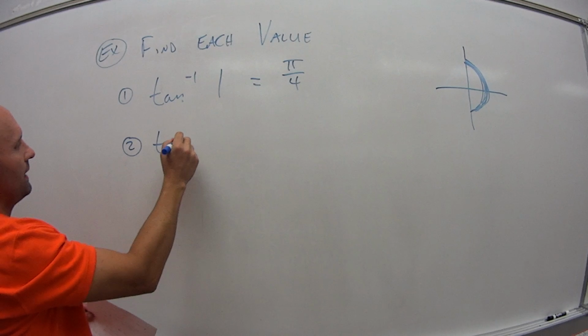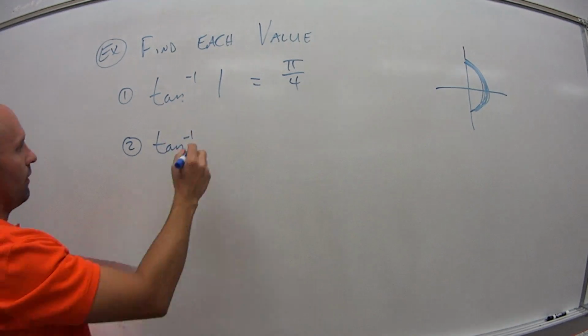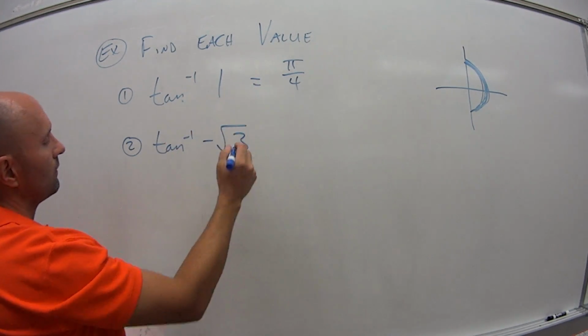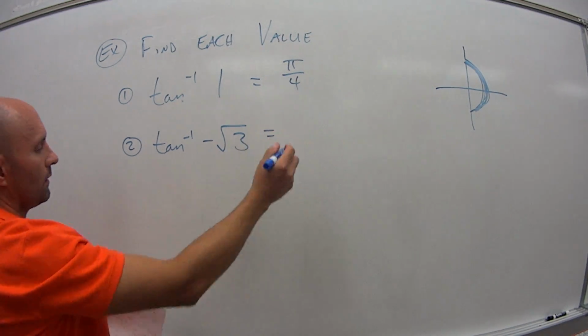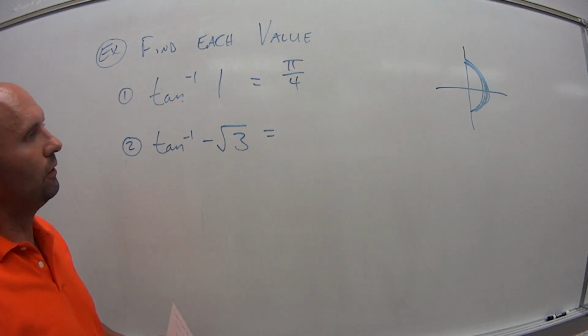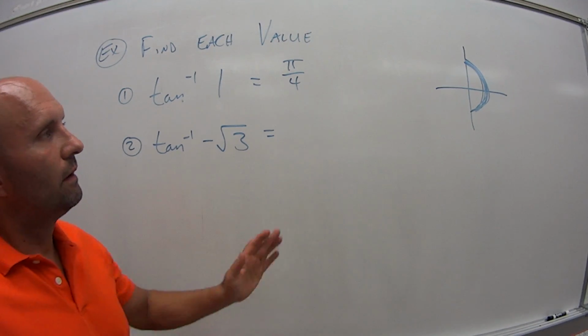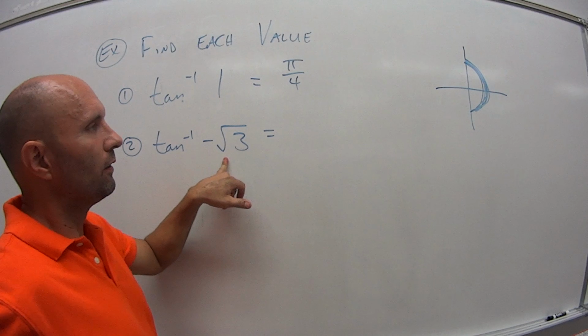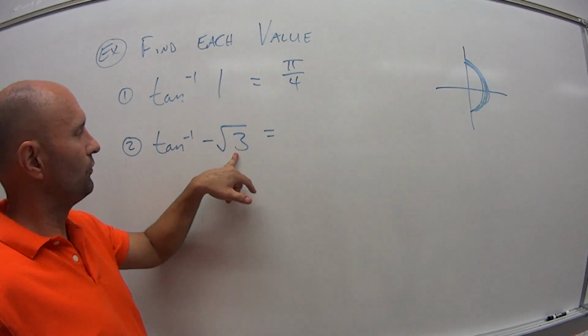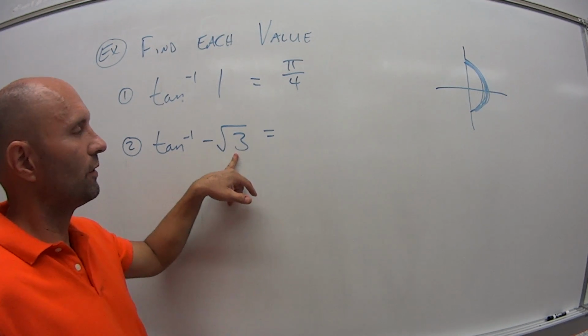If we have tangent inverse of minus square root of 3, now, if you look on your sheet, we want to know on the right half of the circle, where is the value of tangent equal to negative square root of 3?